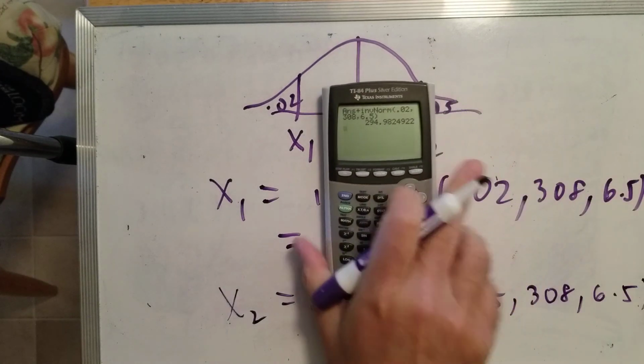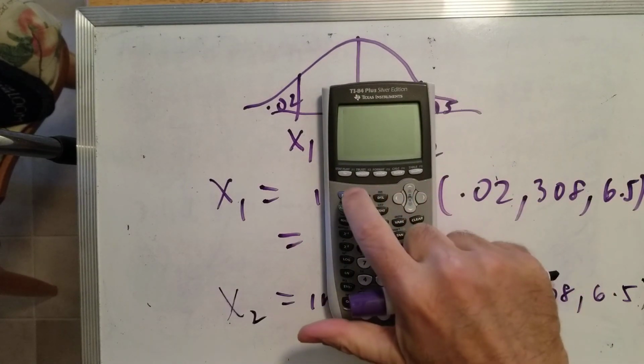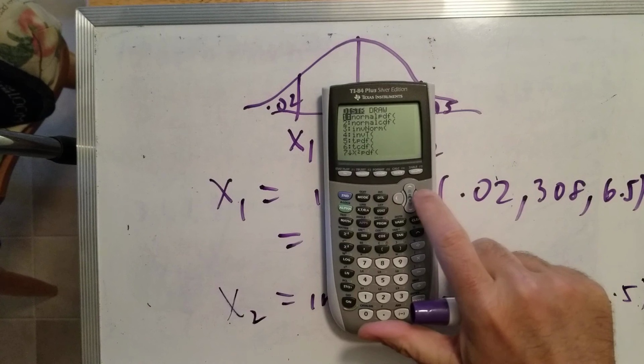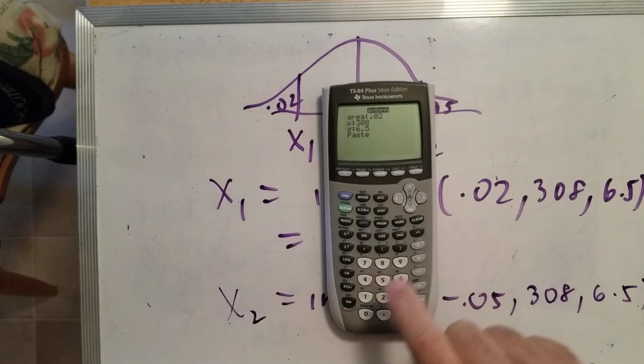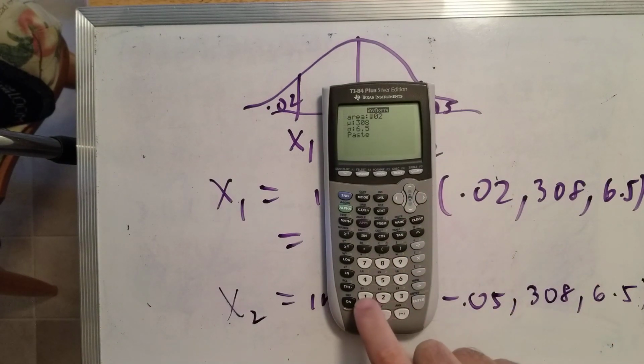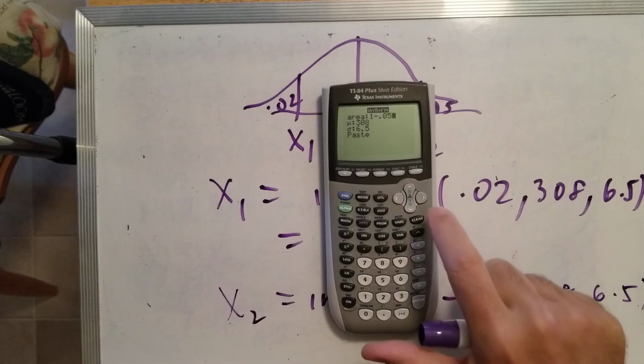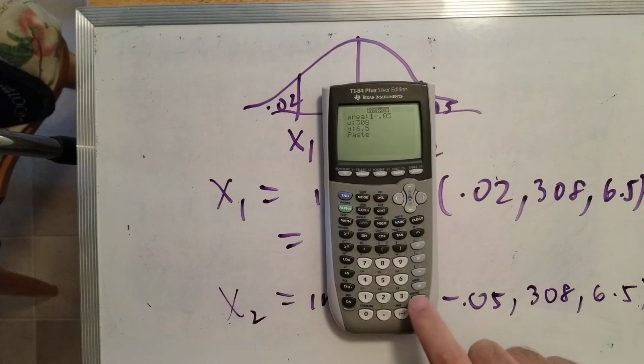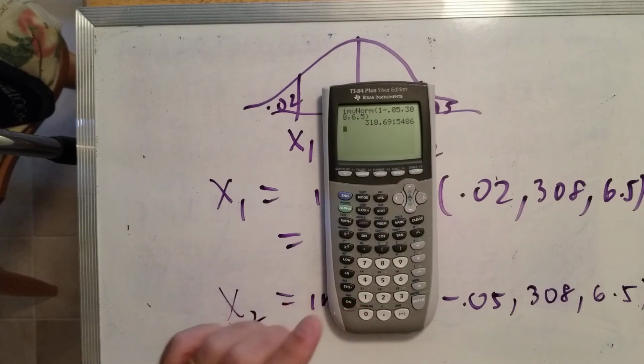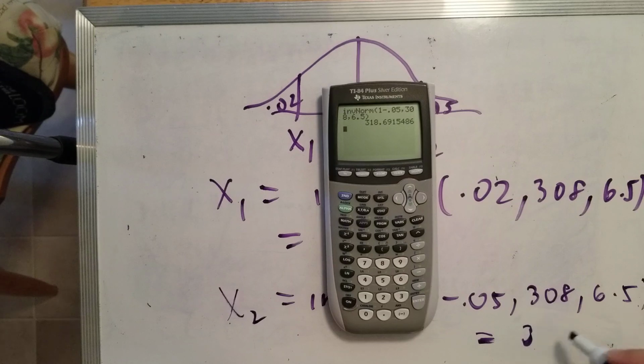And on the calculator, now the area is 1 minus 0.05 with the same mean and standard deviation. And the calculator spits out 318.7 rounded to 1 decimal place. 318.7.